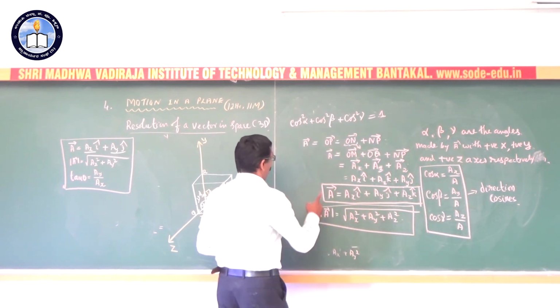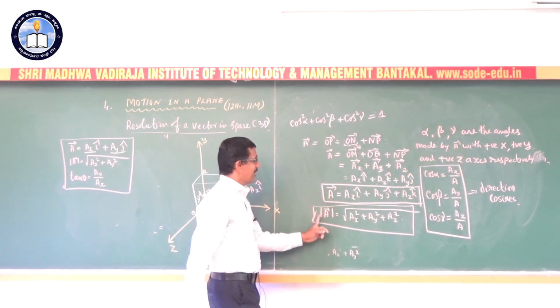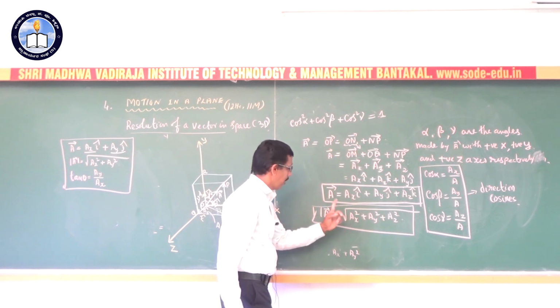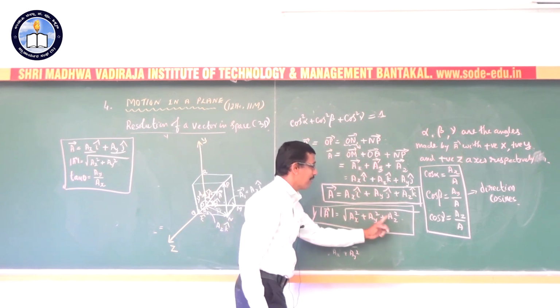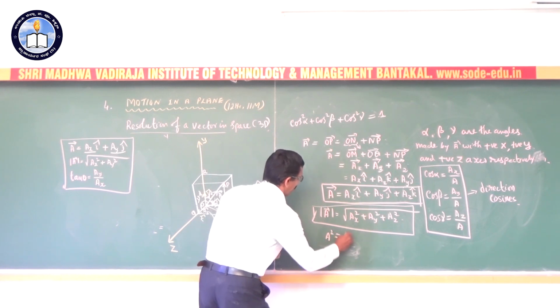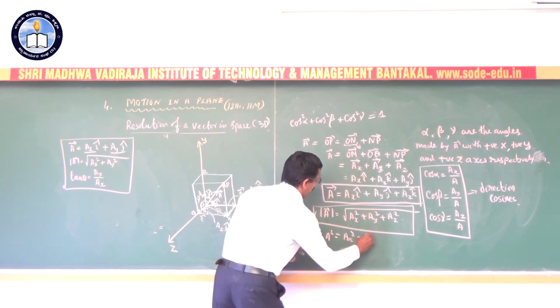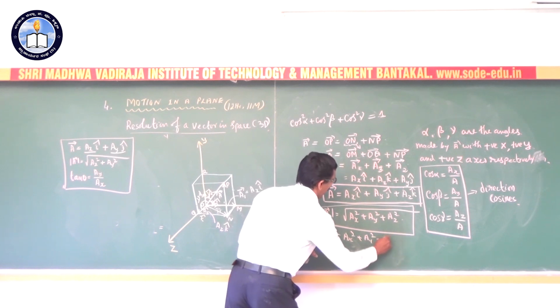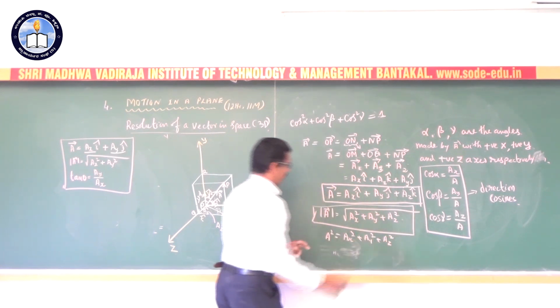We already know the magnitude of vector A is the square root of AX square plus AY square plus AZ square, or A square is equal to AX square plus AY square plus AZ square.